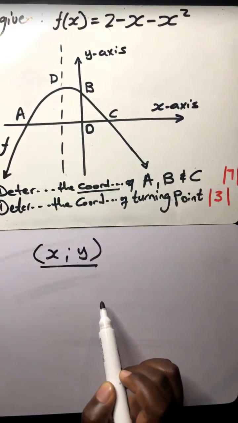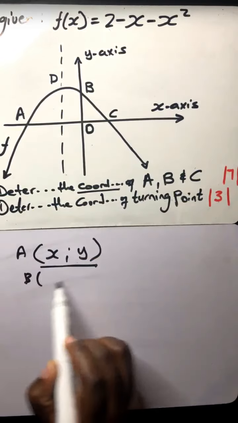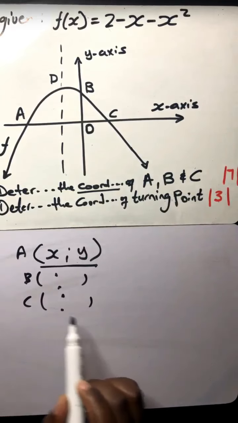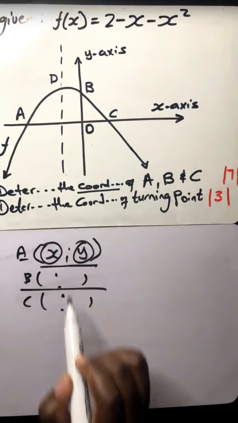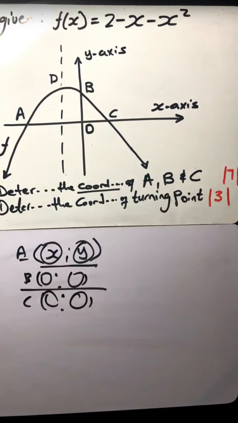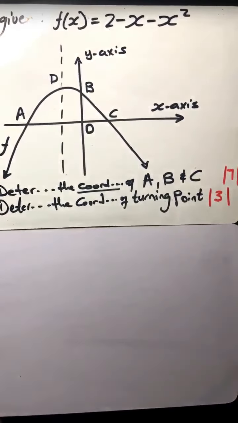So which coordinates do they want? They want the coordinates of A, the coordinates of B, and C. So in your final answer, you must say A, where x is whatever and y is whatever. That's what you need to provide as part of your answer.